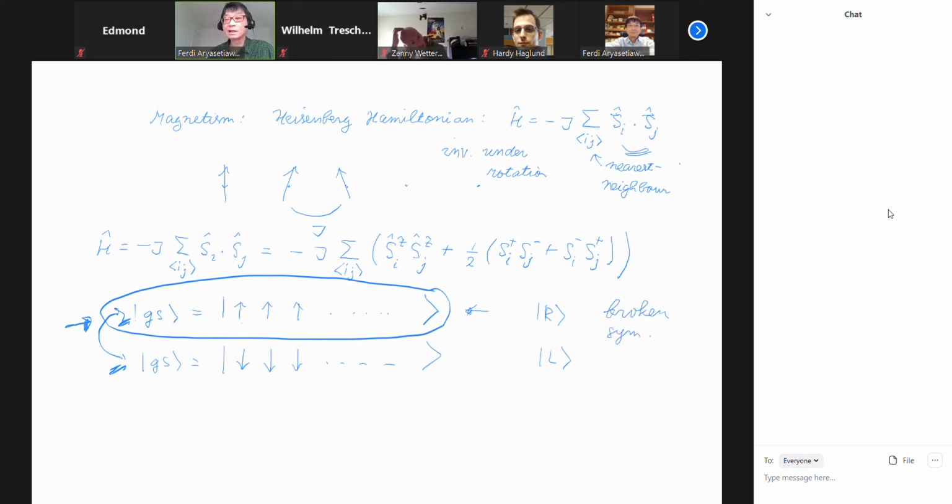The solution does not have the symmetry of the Hamiltonian, and that is all right because the ground states now become degenerate. There are lots of things like this in nature, many examples of this.